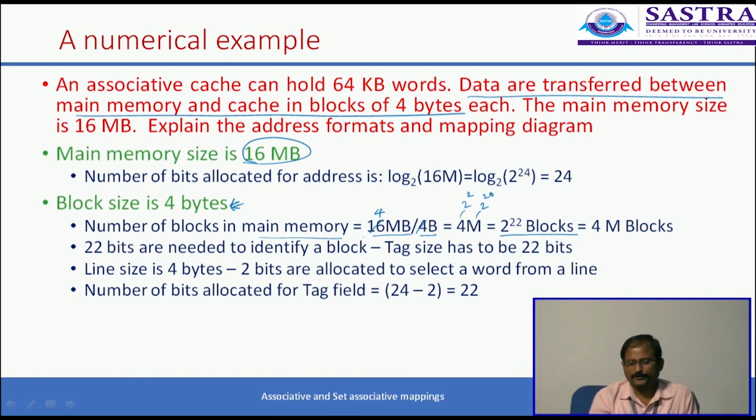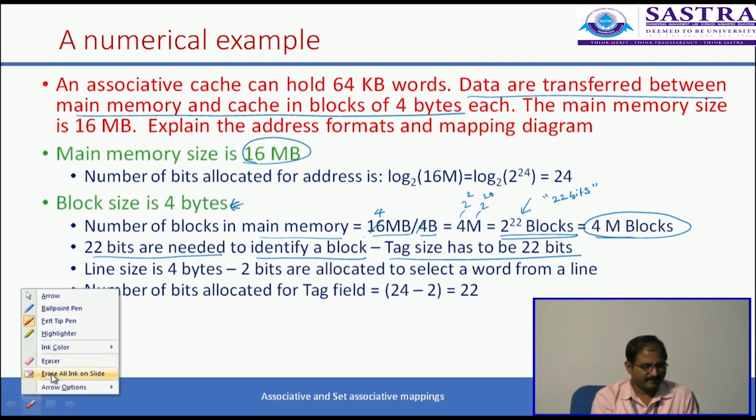So, 2 power 22 blocks are available, 4 M blocks are available. Any block may be mapped on any cache line. So, to identify one block among these 2 power 22 blocks, 22 bits are needed, that will be the tag size. 22 bits are needed to identify a single block. So, the tag size has to be 22 bits.